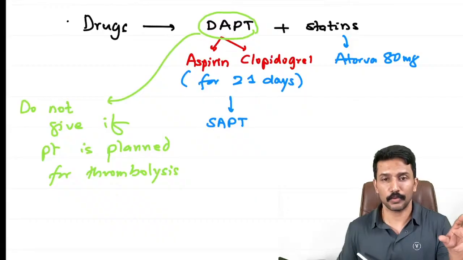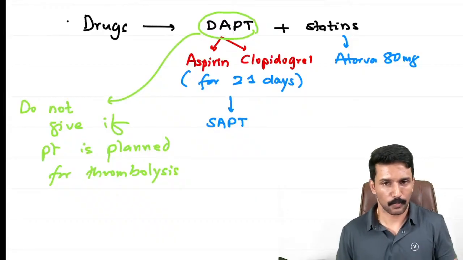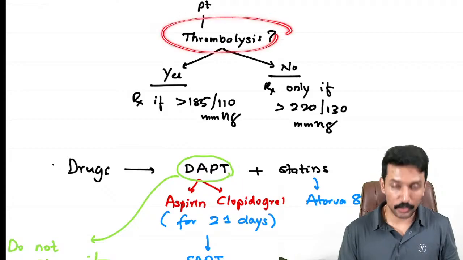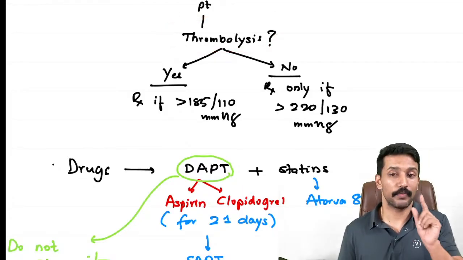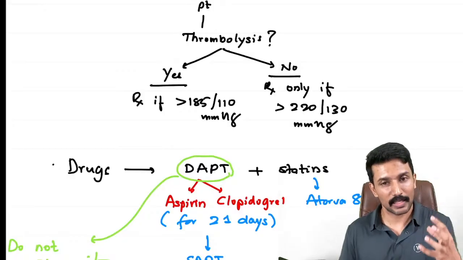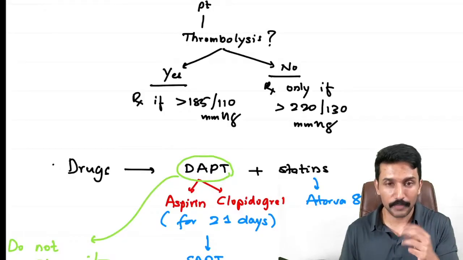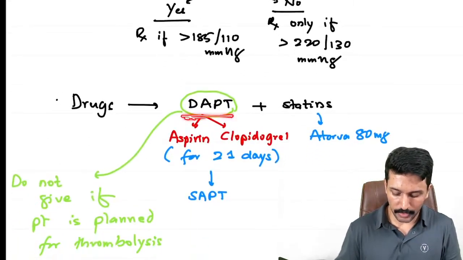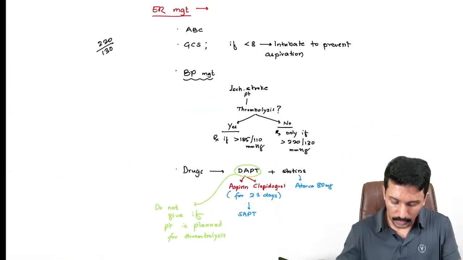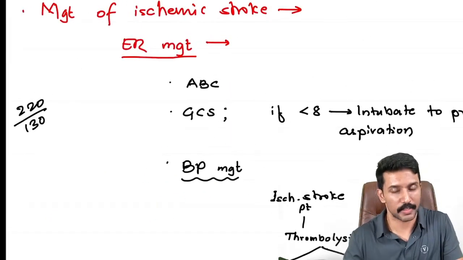But if you're taking the patient for thrombolysis, don't give antiplatelets. Okay, simple. So this is what you need to remember. Whether we are doing thrombolysis or not influences whether we will treat BP at 220/130 or at 185/110. At the same time, it also influences whether I will give antiplatelets or not. Okay, done. This is all emergency room management.